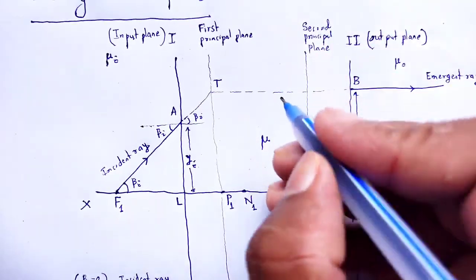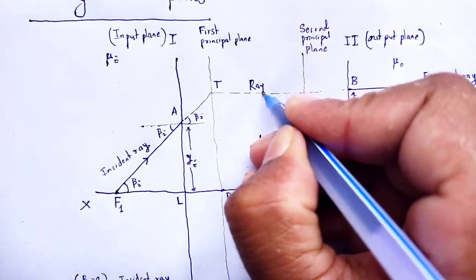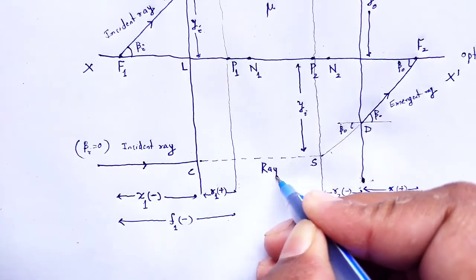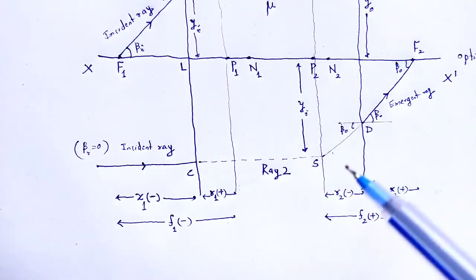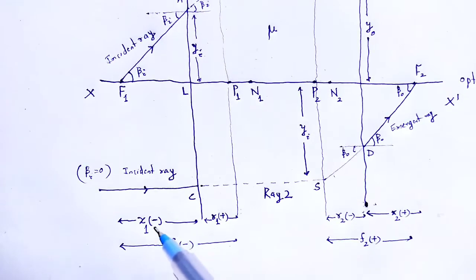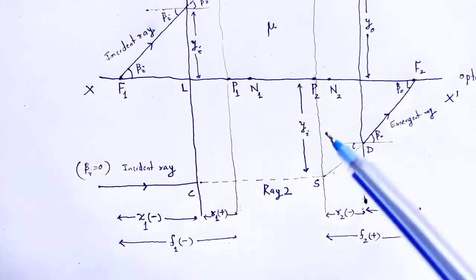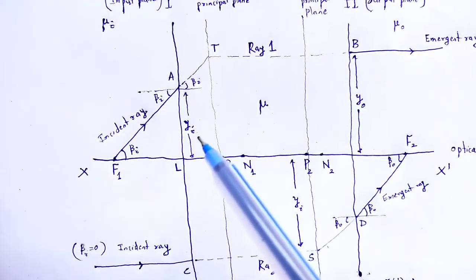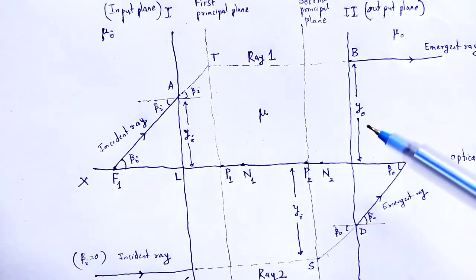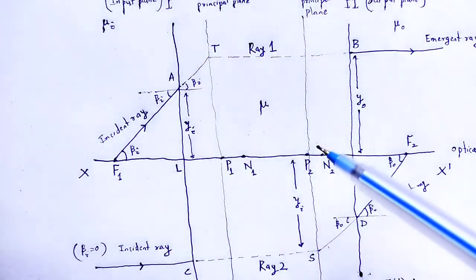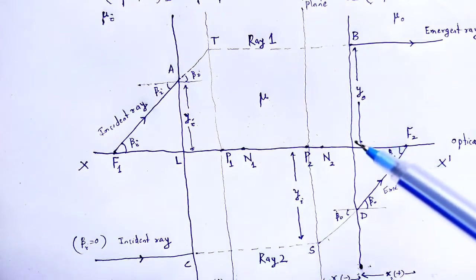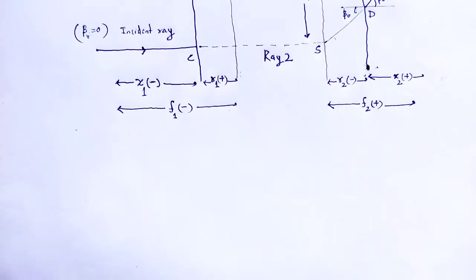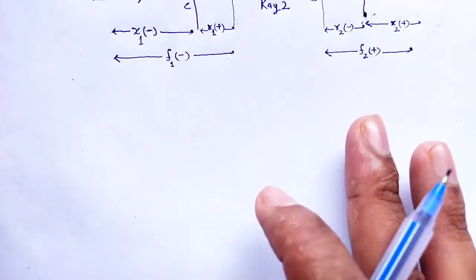That is for ray 1, and this one is for ray 2. Now we locate the points x1, f1, r1 and x2, f2, r2 for the cardinal points, that is the first focal point, second focal point, first principal point, second principal point, first nodal point and second nodal point, in terms of the system matrix. First one, location of focal points.